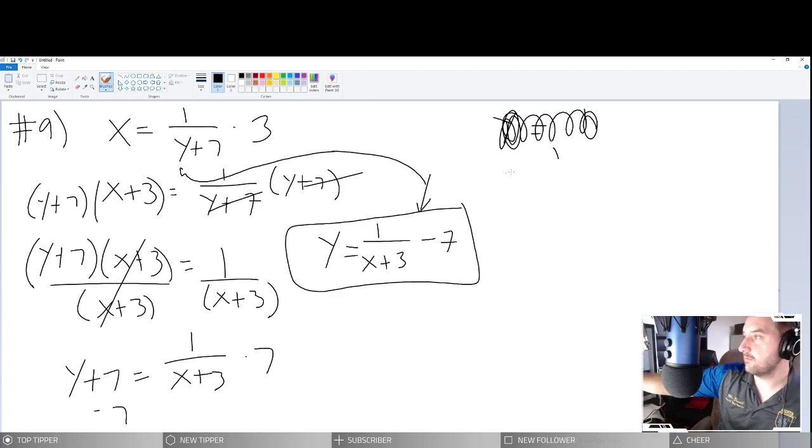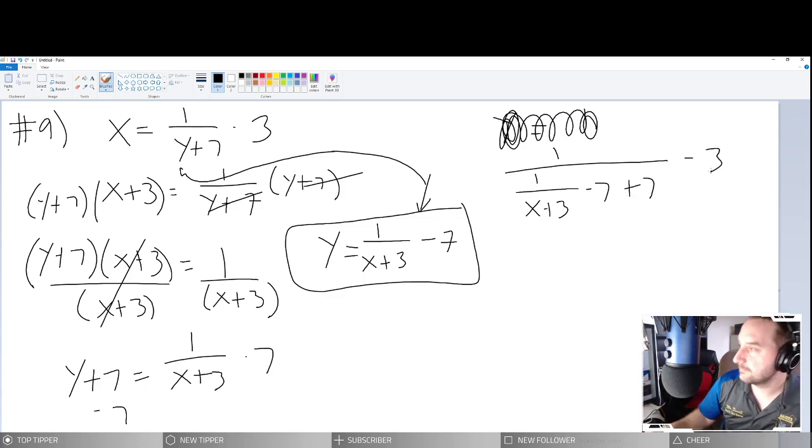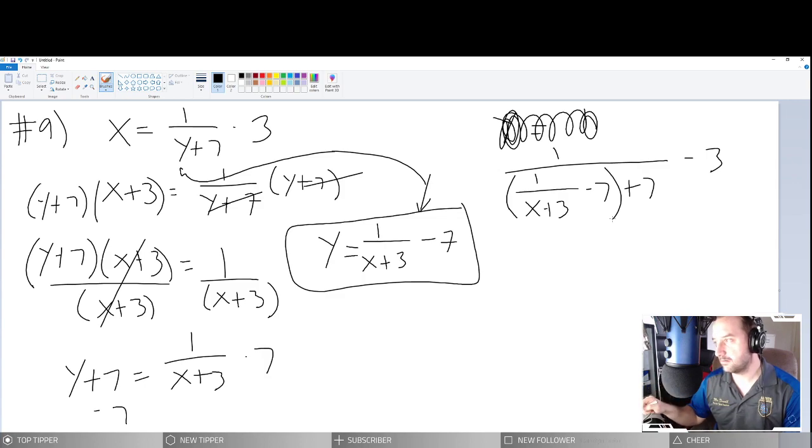We just want to say 1 over, and then instead of x, it's now going to be 1 over x plus 3 minus 7, and then I have the plus 7 and then the minus 3. So this right here was the x, because it's 1 over x plus 7 minus 3. The 1 over x plus 3 minus 7 is my x. So this is the x value.